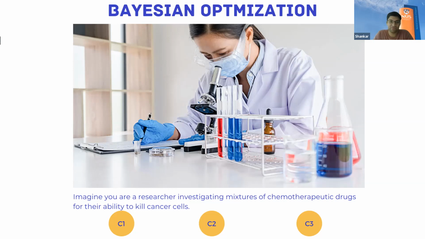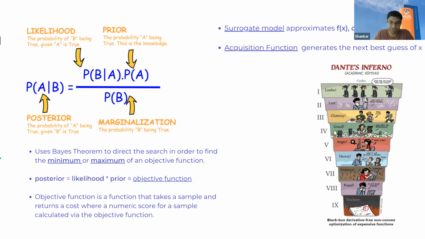Instead, you need to begin with a few random drug concentrations, test them, and then use the experimental outcomes to predict the most promising drug combinations to use next. Makes sense, right? Next slide. So why use Bayesian optimization? Let's define some common terms before we move on to the actual topic.